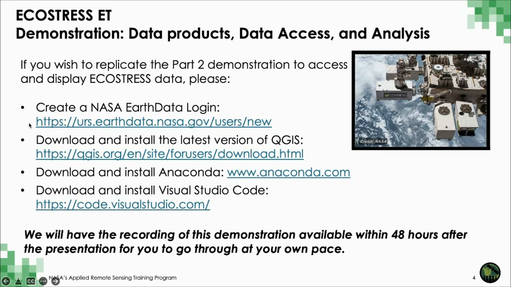You're required to create a NASA Earth Data login as a new user if you are not already a registered user, and that is required to download data. Then download and install the latest version of QGIS. Download and install Anaconda, and download and install Visual Studio Code. So these are the links.